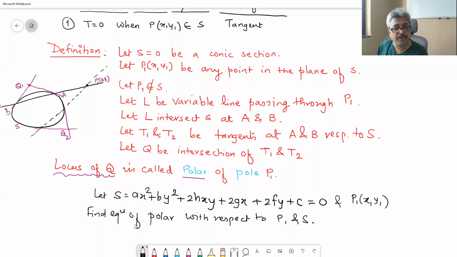Okay, so the question now is, let S be the general degree 2 curve, and point P1 is (x1, y1). Find the equation of the polar. That means find the equation of the locus of Q. Now, whenever you are solving a locus problem, you should solve it in the locus way.